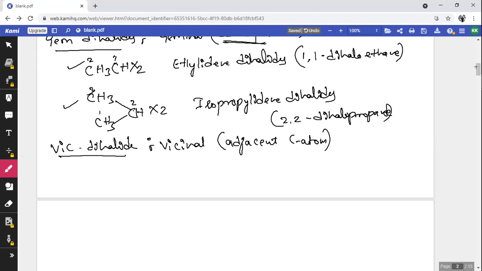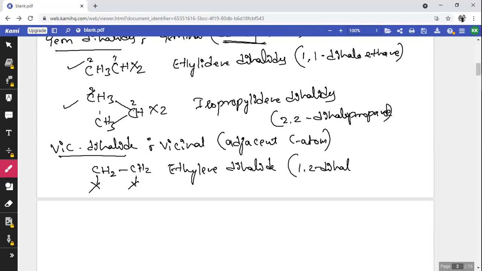If two halogen atoms are present on adjacent carbons, it is known as vicinal dihalide, for example CH2X, CH2X. The name of the compound is ethylene dihalide, which is the common name, and the IUPAC name is 1,2 dihaloethane, which is the IUPAC name of this compound.